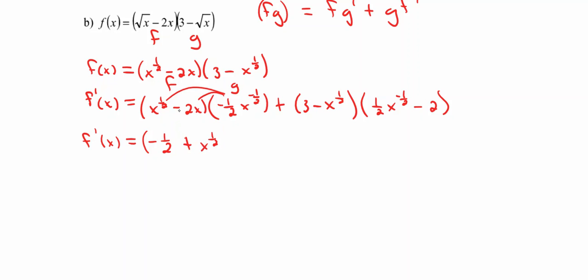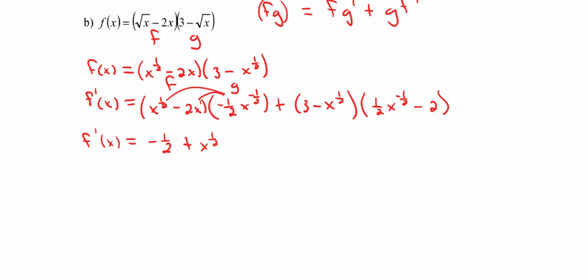Because negative 2 times negative 1/2 would be 1, so there's nothing out front. And then this is like x to the 1, so 1 minus 1/2 would be 1/2, right? And we don't really need that bracket there because we're expanding it all out.